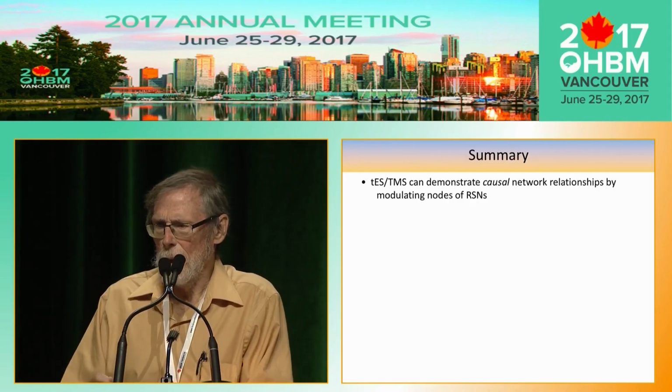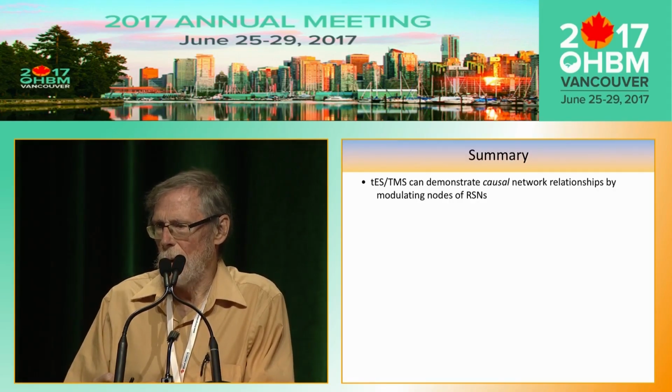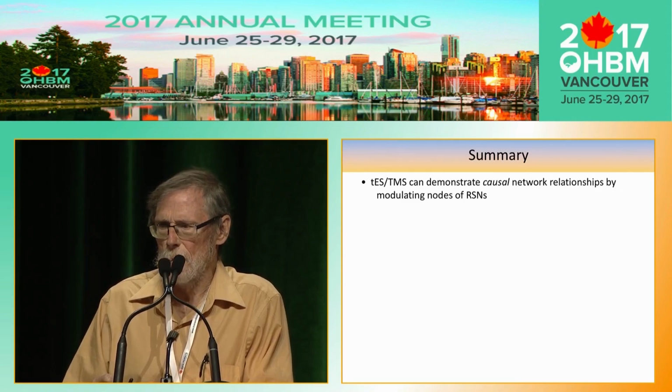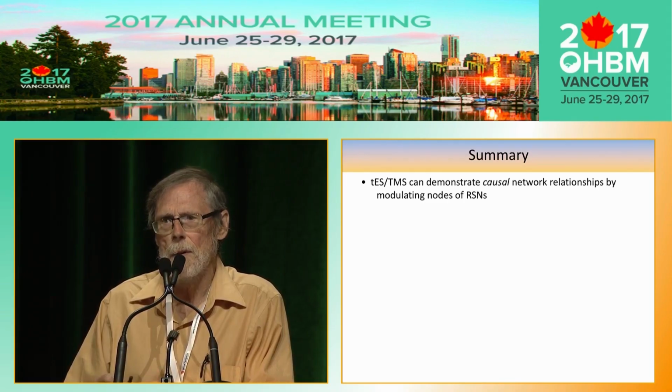So in summary, transcranial electric or magnetic stimulation can make changes that reflect a causal relationship between what you're doing to localized regions of the brain and nodes of resting state networks, or one can look at the change that happens during a task.